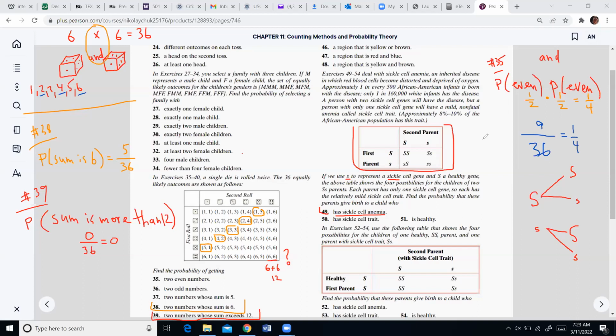It looks like this exercise is not very clearly given, because if they ask in exercise 49 what's the probability that someone has that particular disease, the question is, which out of the 4 are they interested in? Is it both little s? Is that what they mean?